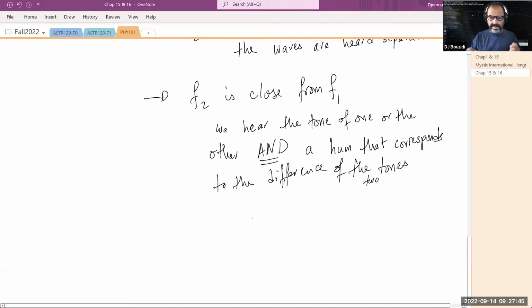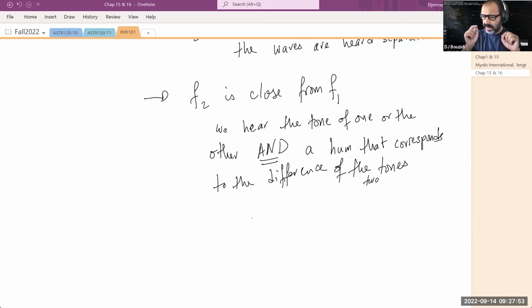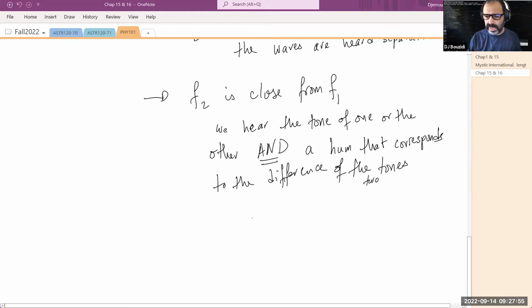So if you have, for example, a piano, I'm going to give you a practical example because all of this is taught probably. You have a piano and there is a specific note, for example, the C note or whatever note that the piano is supposed to be playing on a specific key. But you, as an experienced piano player, you notice that it's not producing the sound that it's supposed to do.